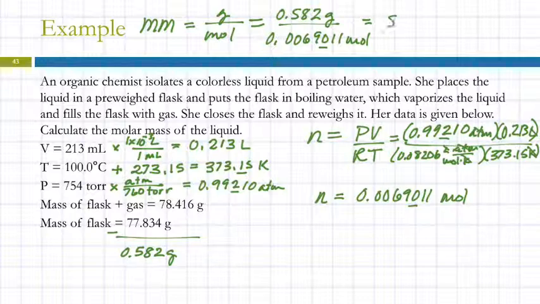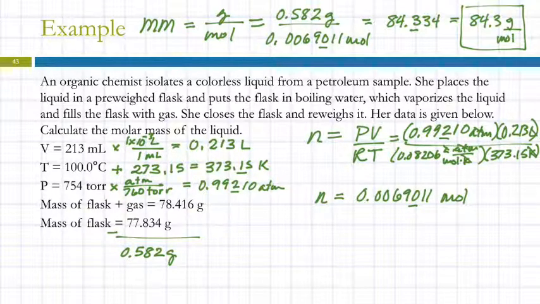I'm getting a number 84.334, which I will round 84.3. The units are grams per mole. Is that a reasonable molar mass? It's bigger than 1, and it's not ginormous, so it's possible. Any questions?